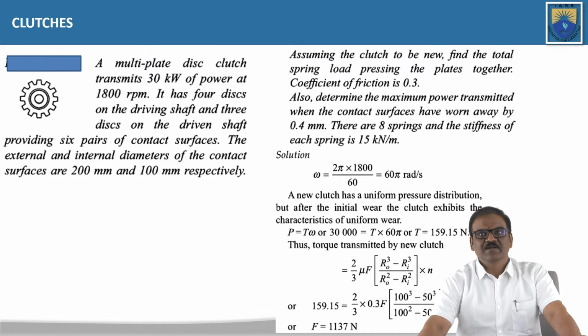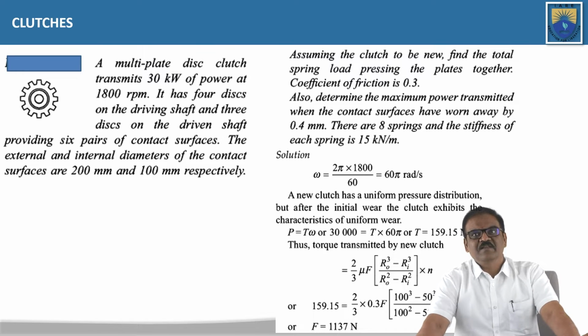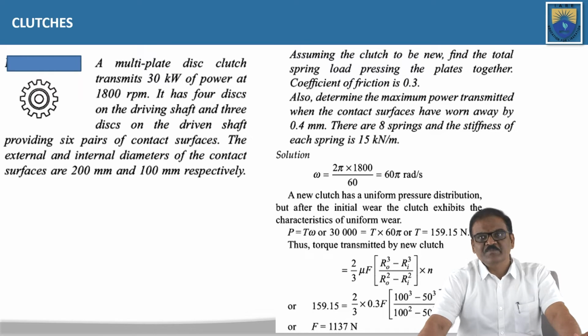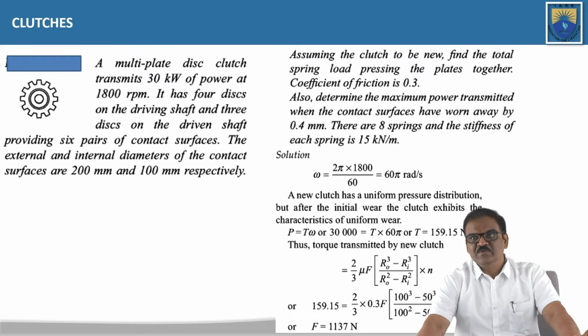A multi-plate disc clutch transmits 30 kilowatts of power at 1800 rpm. It has 4 discs on the driving shaft and 3 discs on the driven shaft, providing 6 pairs of contact surfaces. The external and internal diameters of the contact surfaces are 200 and 100 mm respectively. Assuming the clutch to be new, find the total spring load pressing the plates together.